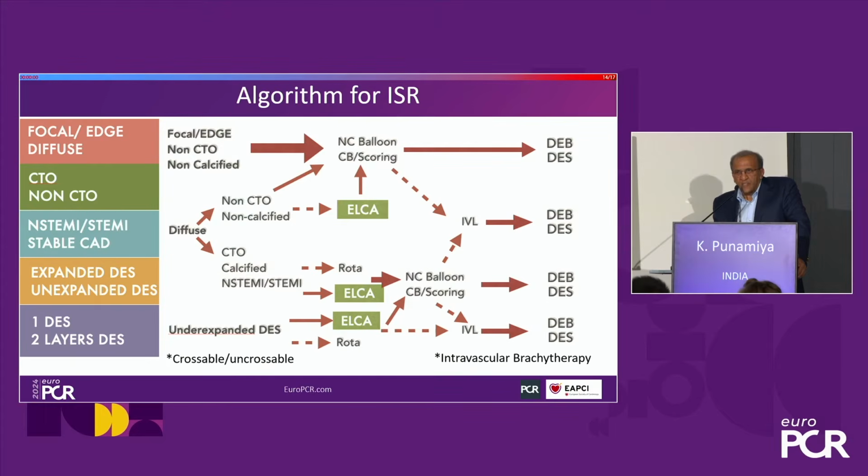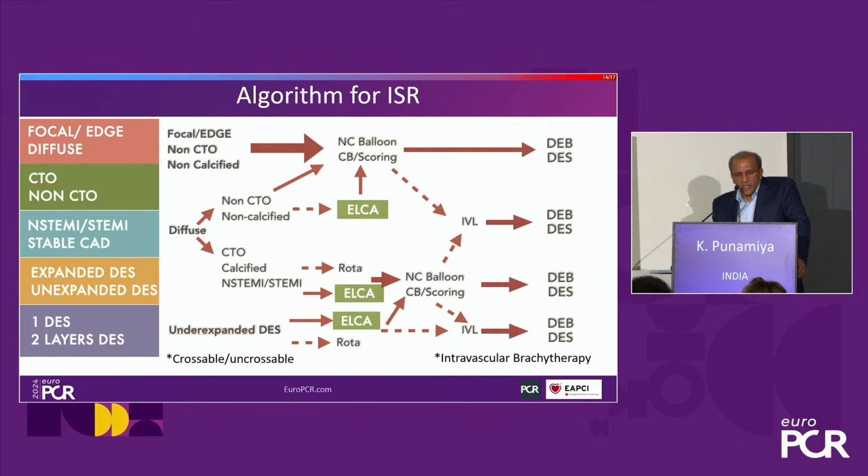In general, this is a complex slide, but if you look at it, starting from the left and going right, the focal edge non-CTO, non-calcified lesions you could treat with simple non-compliant balloons or scoring or cutting balloons and proceed to a DB or DS, whichever you choose, or alternatively some may require an IVL and then you go down the same path.